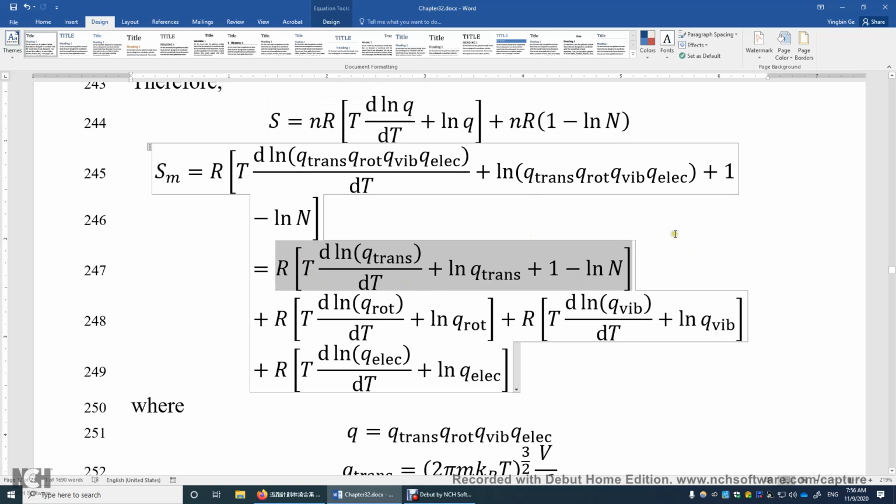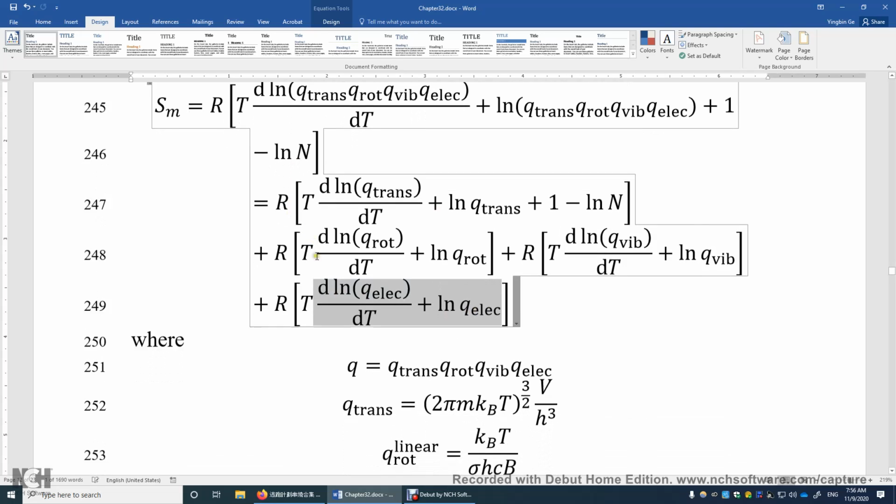So this is our molar translational entropy, this is our molar rotational entropy, this is our molar vibrational entropy, and this is our molar electronic entropy. So again, 1, 2, 3, 4. They correspond to the translational motion of the atoms or molecules, the rotational motion of the molecules, the vibrational motion of the molecules, and finally the motions of the electrons in the atoms or molecules.